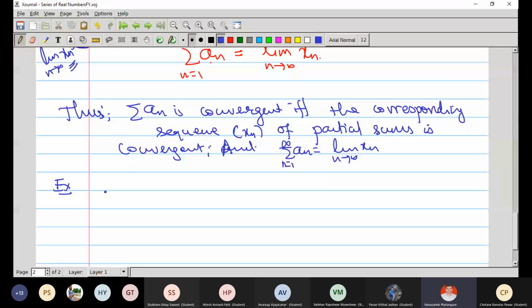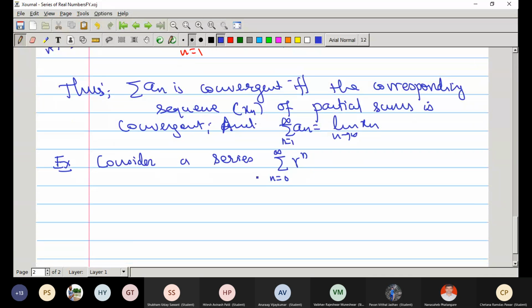Consider a series, the sum of r raised to n, where n is from 0 to infinity, and r is some fixed real number.